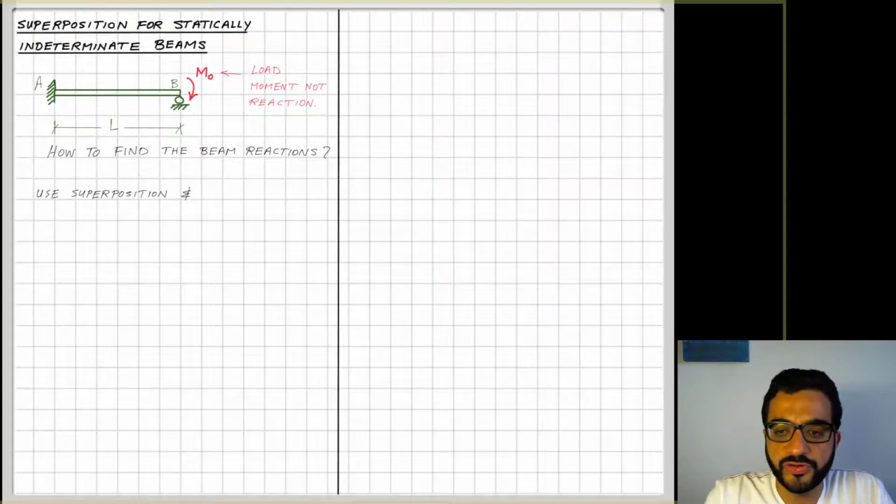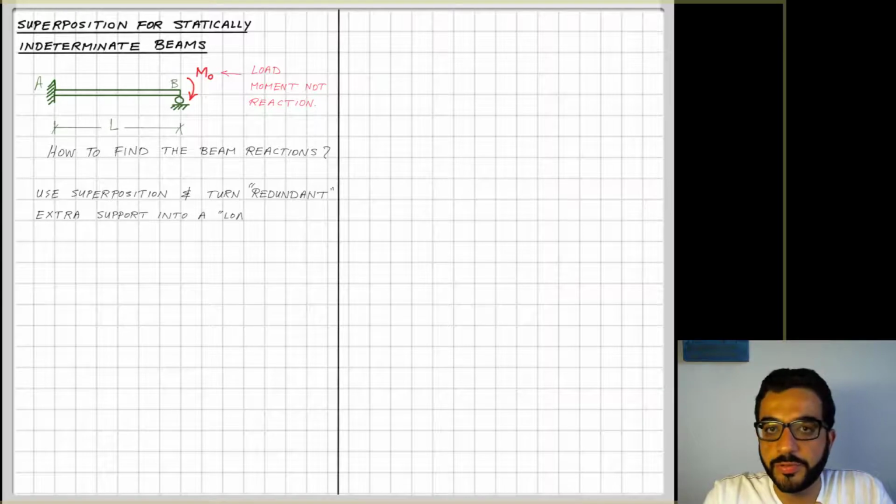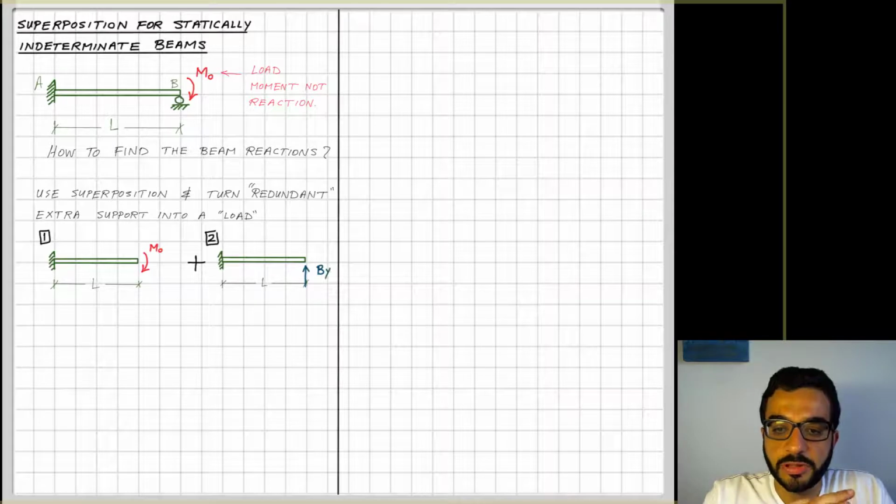So we'll use the superposition method to turn one of the redundant support reactions, the one reaction support that I don't really need for stability, and apply it on a second load case as a load. So here I decided to loosen the constraint at point B, so I remove the constraint there and leave it free, and the first load case is basically taking the original load that I have, which is MO, on that relaxed statically determinate beam.